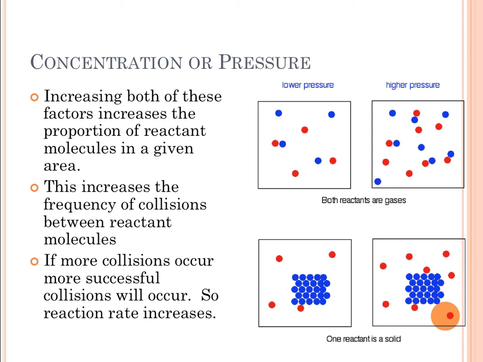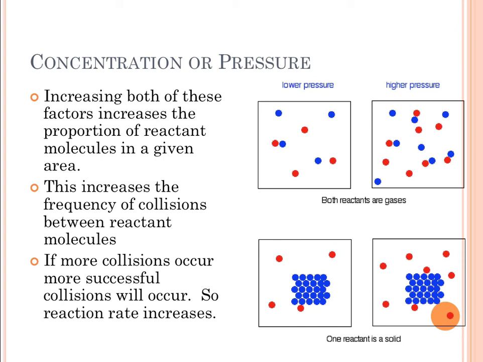Concentration and pressure work in the same way as each other. Okay? Basically, more stuff in the same volume. Okay? So, we're going to increase the frequency of collisions. We're not going to change the proportion that are successful, we're just adding a greater number of them. Okay? So, it will increase the rate of reaction.